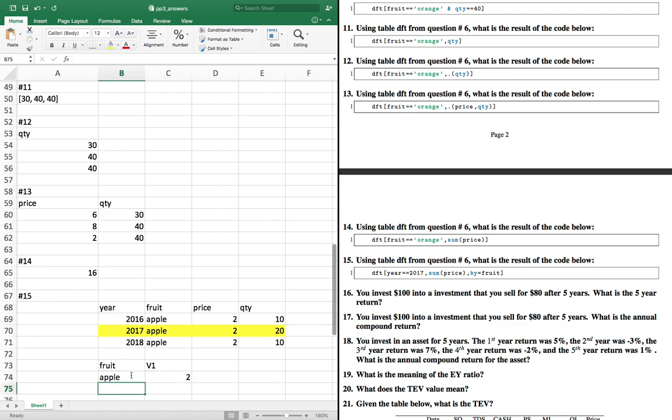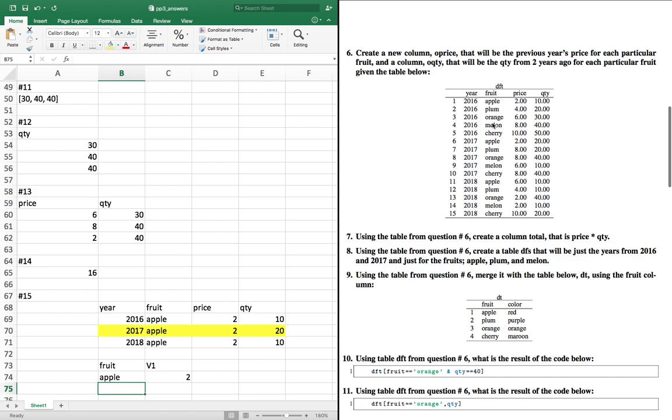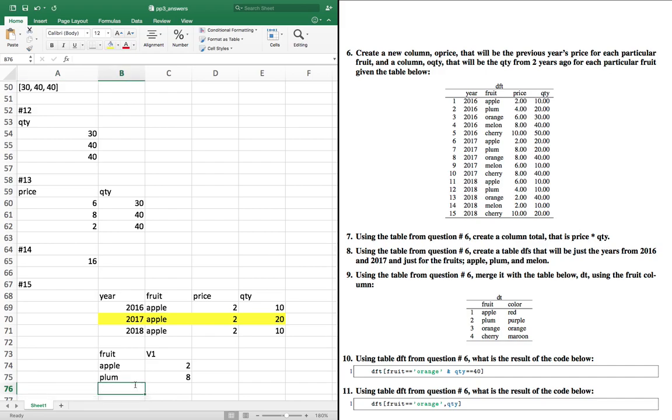Let's go ahead and do the same thing for all those fruits now. For the subtables, we know now 2017 is the only one we care about. So if I go down here to plum, 2017 plum, the sum of price is just going to be 8. Sum of orange, again, one price, is 8.